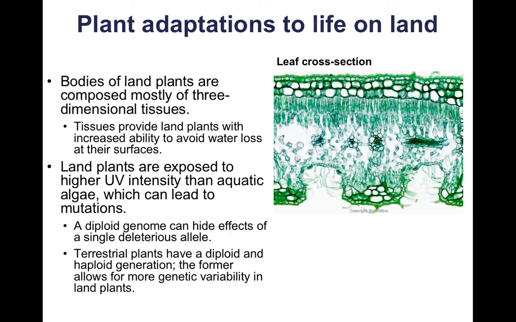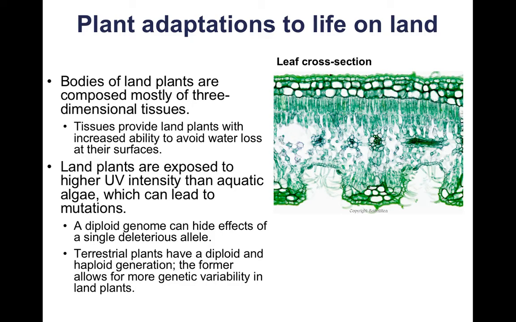What we'll see is that land plants, for the most part, will exist having a diploid genome. Having a diploid genome is really important because if you get a mutation in one allele, then you have a backup allele in order to let you survive. What we'll see is that terrestrial plants have both a diploid and a haploid generation.